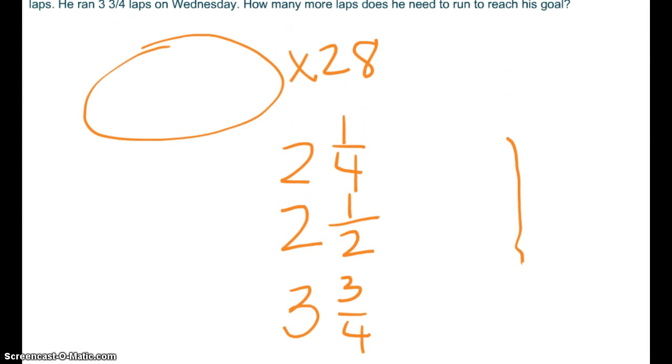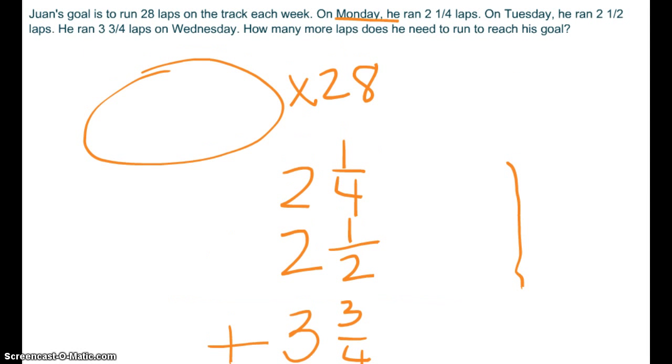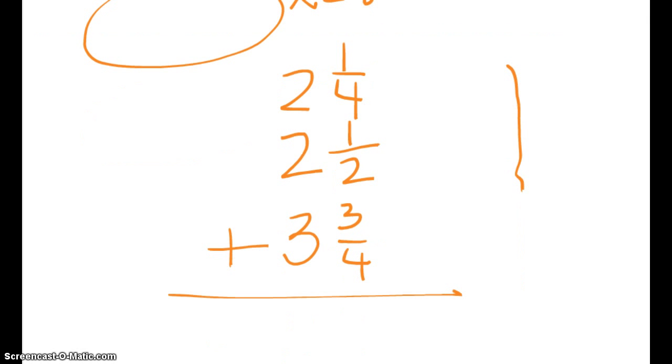So this is how much he has already run. Could we add all of that up to determine how far he's already gone? Yes. So let's do that first. I'm going to add my whole numbers first. 3 and 2 and 2, 2 and 2 is 4, and 3 is 7.